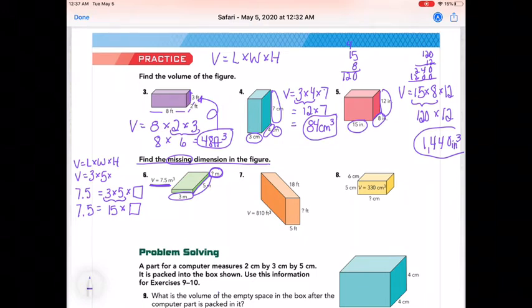Well, we are going to take 7.5, and if we divide it by 15, then we would get this answer, right? Remember, to correct multiplication, you can divide. So if you take this number divided by this number, you will get this number.